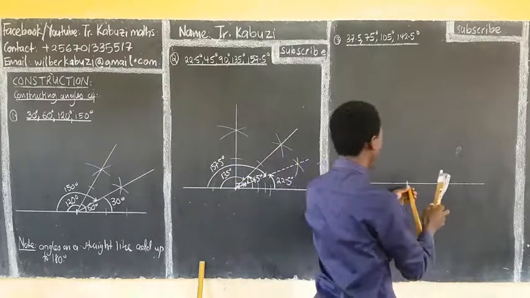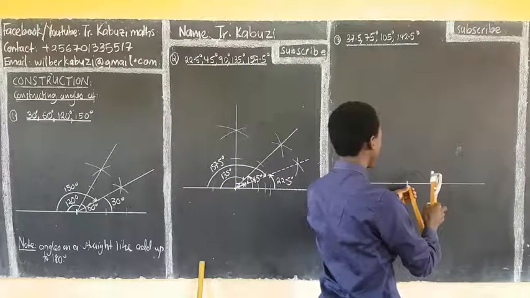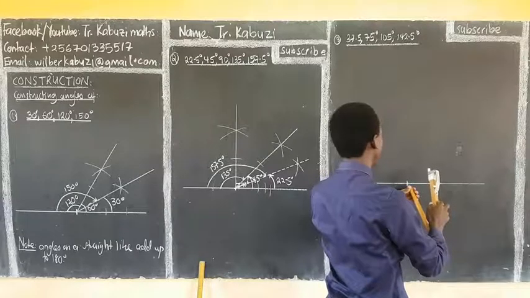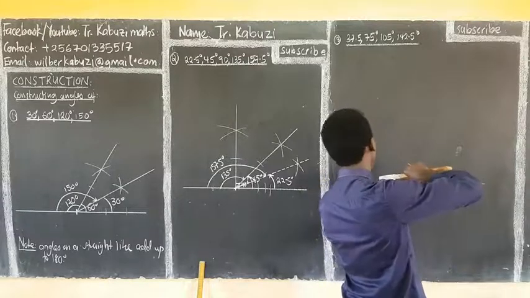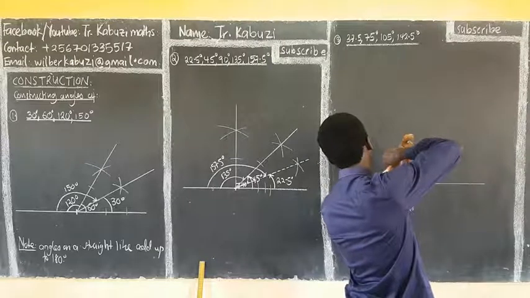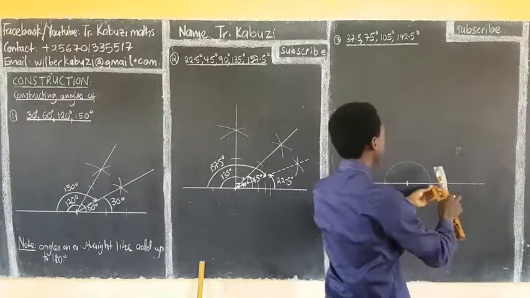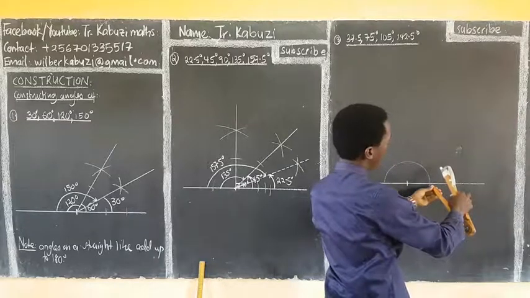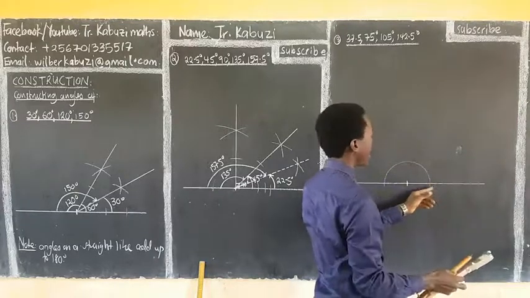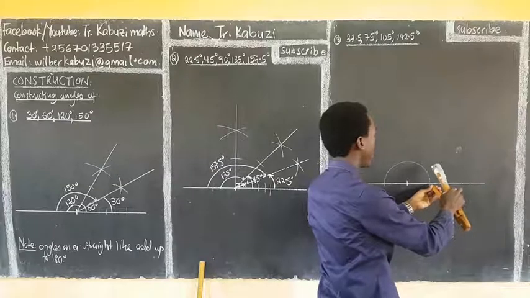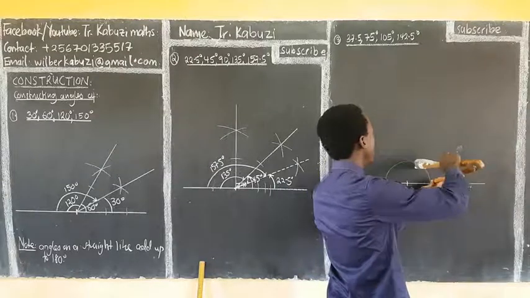So now you put your pointer there. Then this is how I'm going to construct it. I draw a simple arc. But now this arc is going to be like this. Then after doing this, get your pointer, put it where this line cuts this. Put it there. Don't change it, don't adjust.